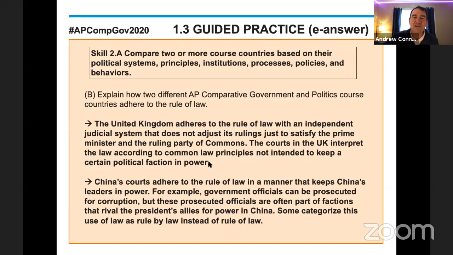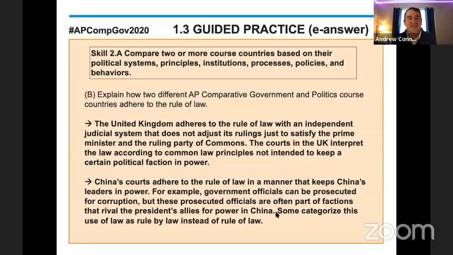In this case, I've picked China. China's courts adhere to the rule of law in a manner that keeps China's leaders in power. For example, government officials can be prosecuted for corruption, but these prosecuted officials are often part of factions that rival the president's allies for power in China. Some categorize this use of law as rule by law instead of rule of law.